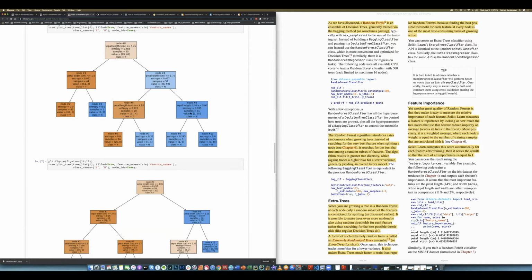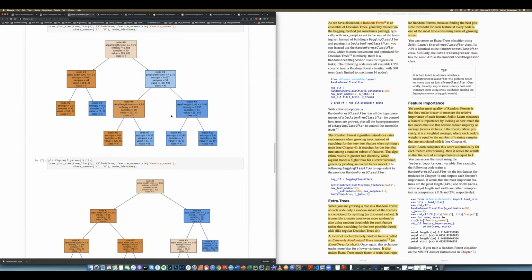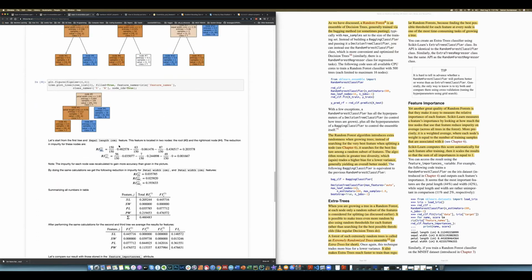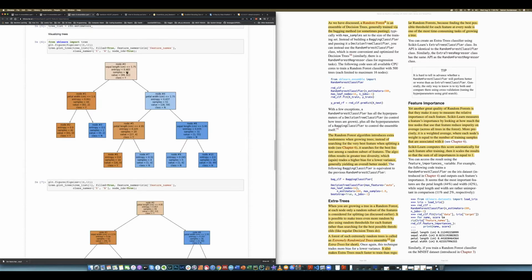So what you do is you look at how much using that feature to do the split reduced the impurity. This is the score that you're probably very familiar with from the decision tree chapter, and you're computing the score at every node where this feature has been used. This is the root, and the second place it's used is here.